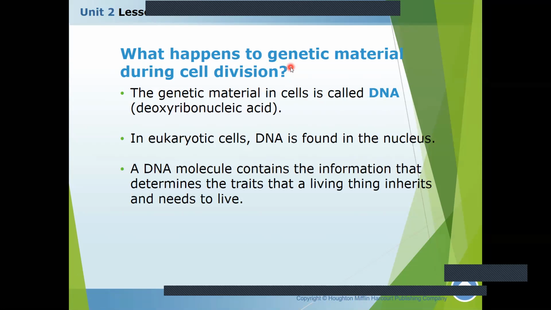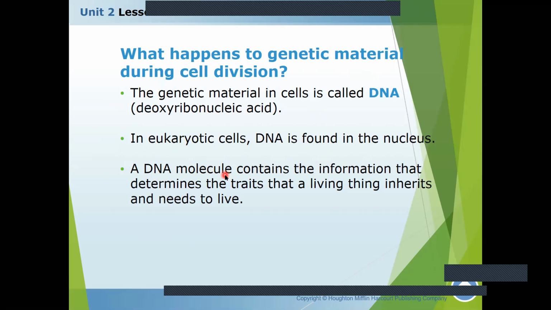The genetic material in cells is called DNA, that is deoxyribonucleic acid. In eukaryotic cells, DNA is found in the nucleus.